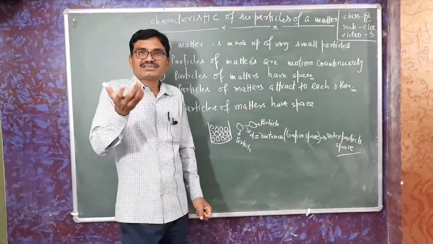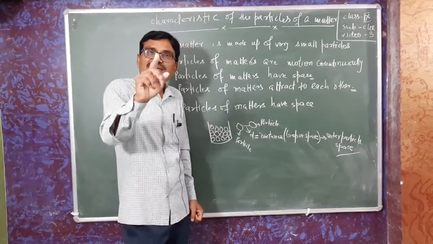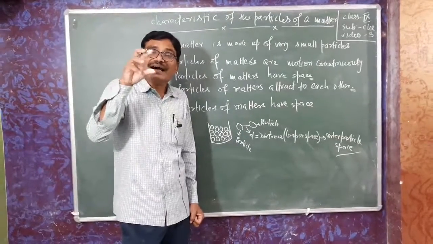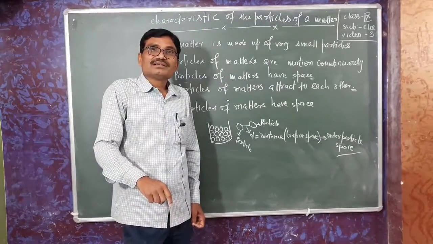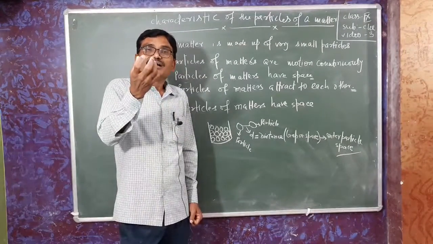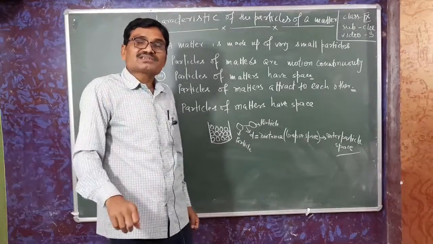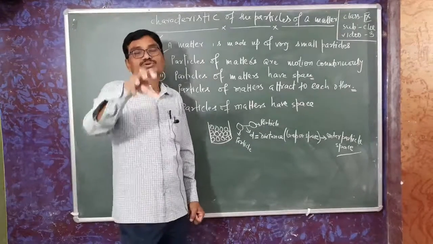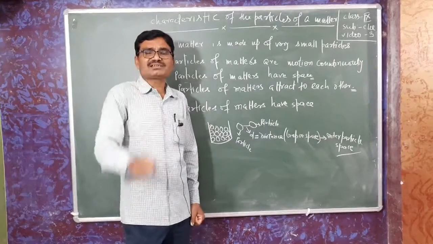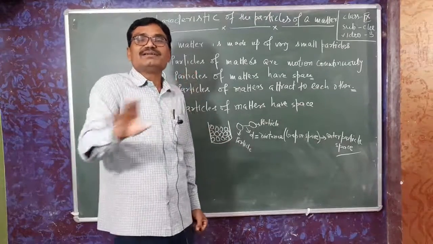Then we can easily say that the force of attraction between the particles is less. But when we exert a force on the iron piece, it is not expanded. It is clear. The force of attraction between the small particles is more. Due to a strong interparticular force of attraction, the piece of iron is not expanded.